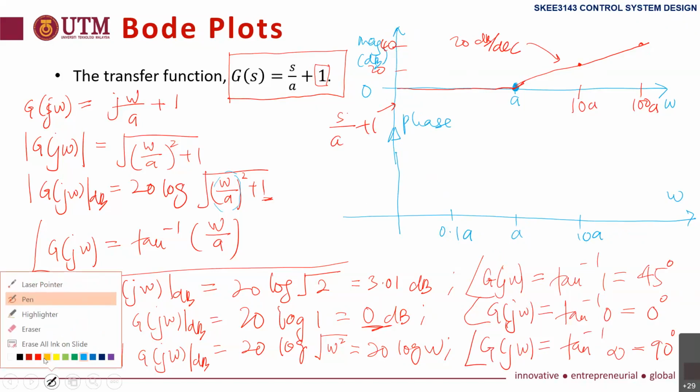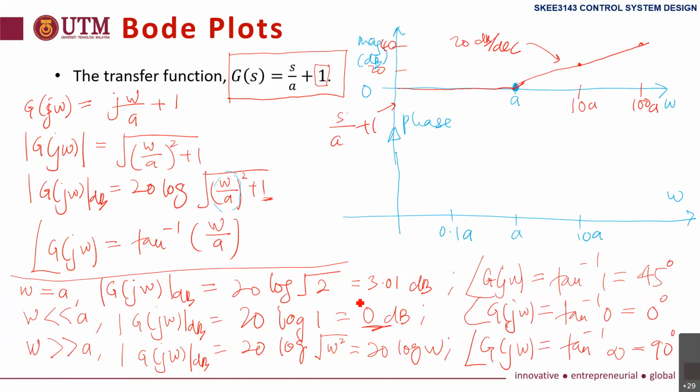We will see that when omega equals A, it is 45 degrees. 45 degrees is here. When omega is small, it is 0 degrees, here. When omega is big, it is 90 degrees. 90 degrees here.